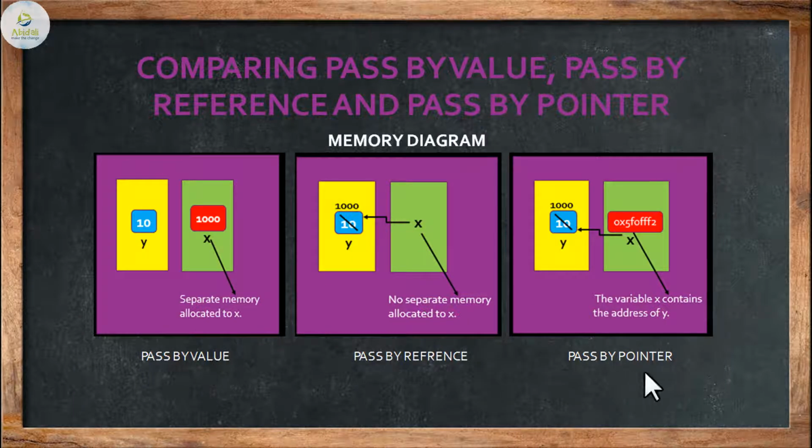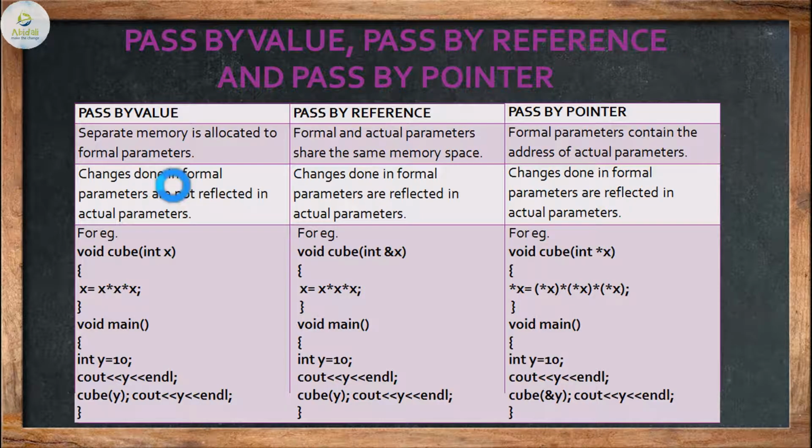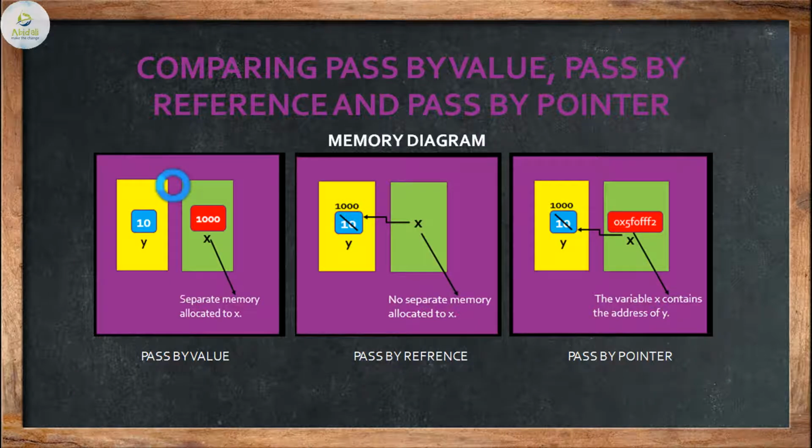So by this diagram, you may understand it has separate memory for x and y. In the other case it has the same memory, no separate memory for x and y, but here addresses are being stored by the pointers. So this is pass by value, talking about that. Separate memory allocation for x and y, both will have different blocks.